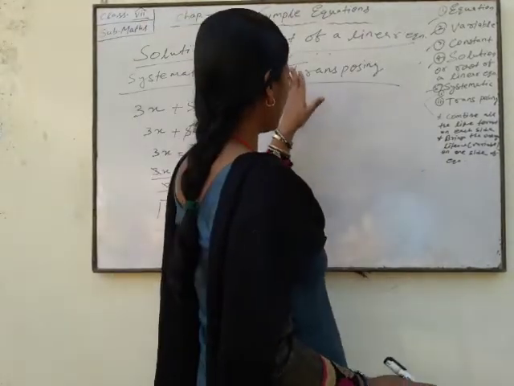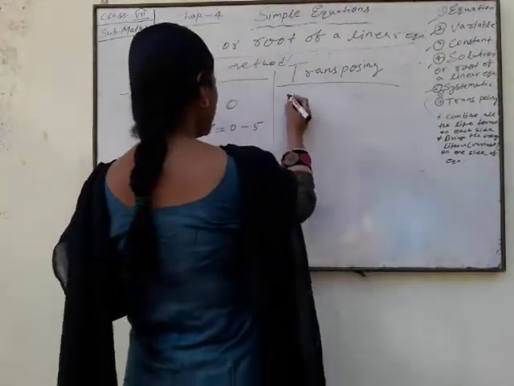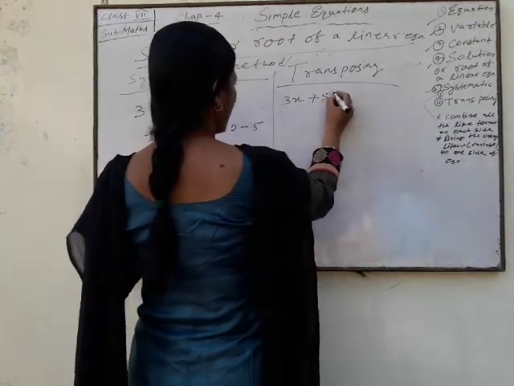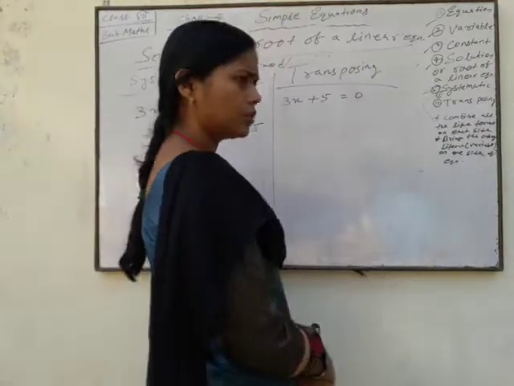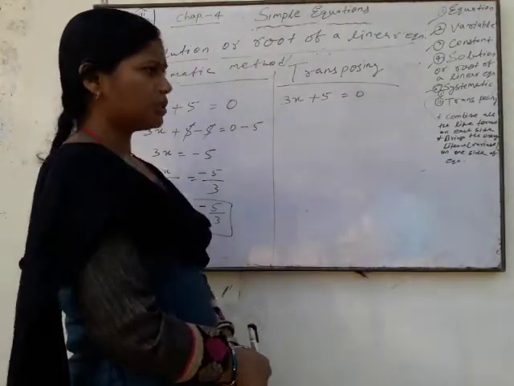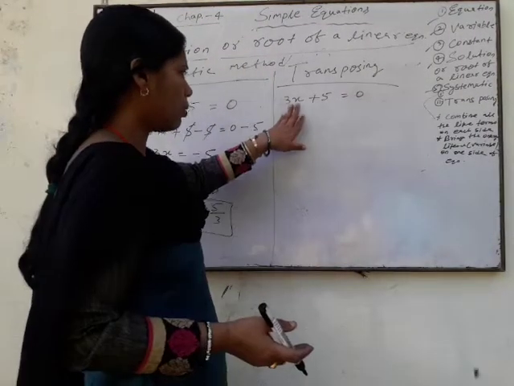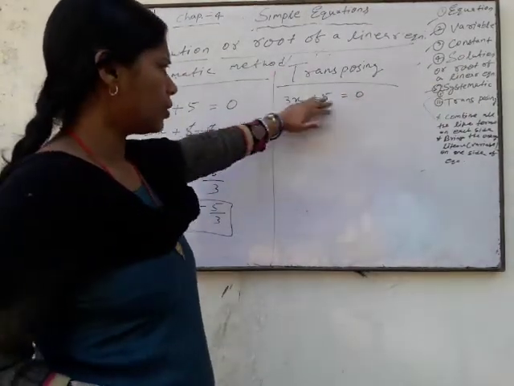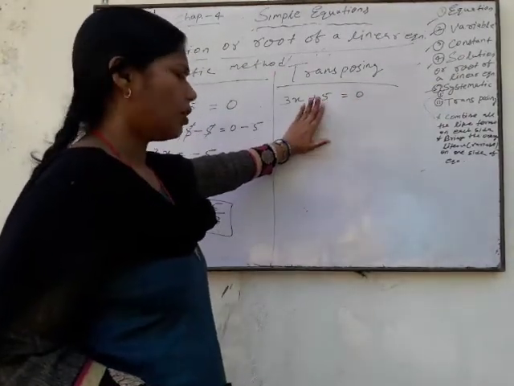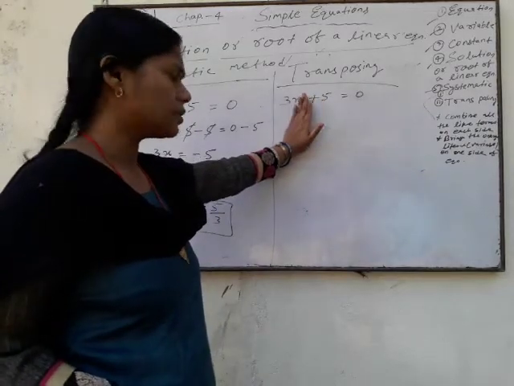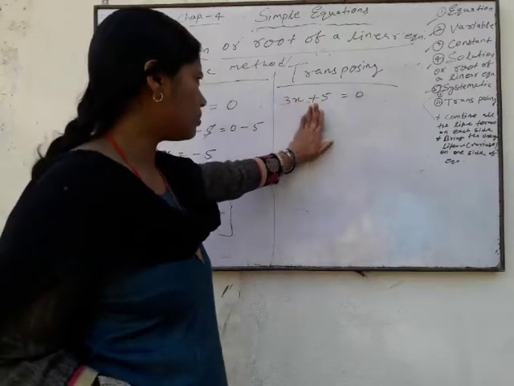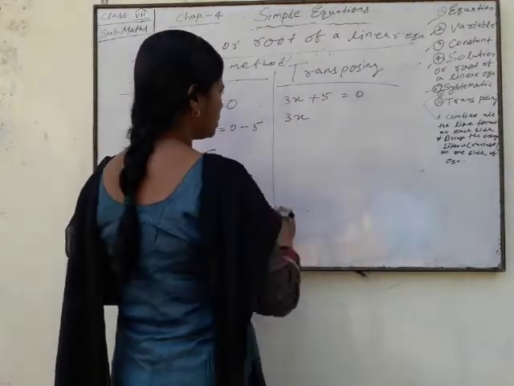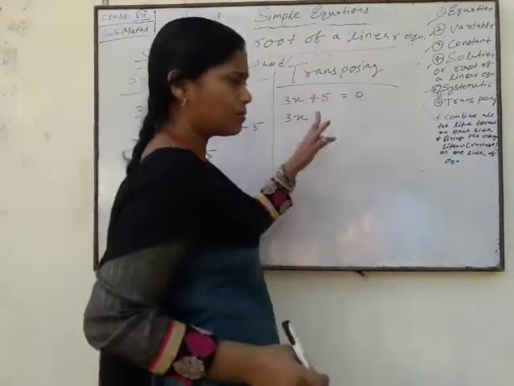Now in the transposition method, we'll take the same equation, 3x plus 5 is equal to 0. Transposing means you are shifting your number or variable to the other side. When you change the side, you also change the sign. 3x, now you are shifting the number 5, so this is plus 5.